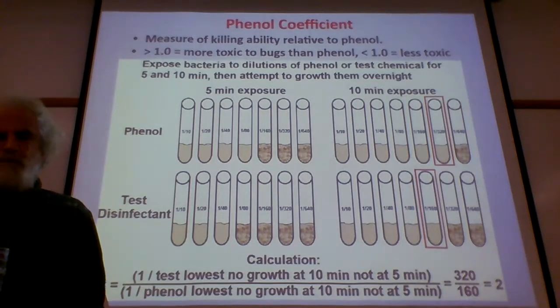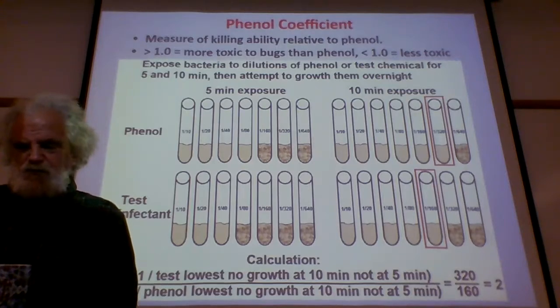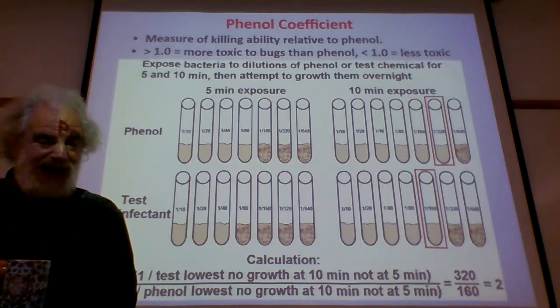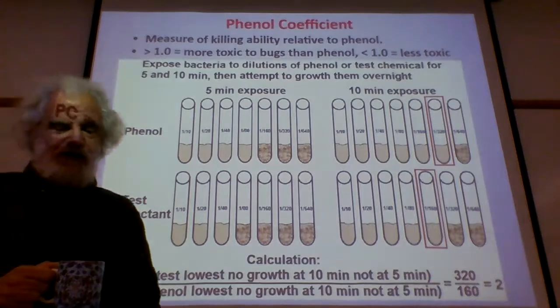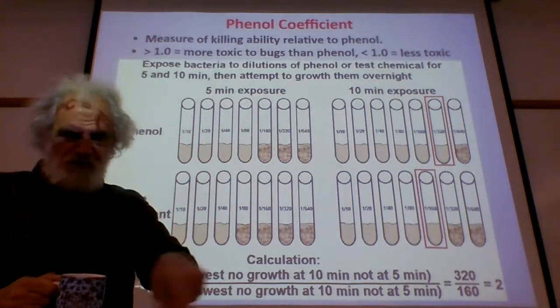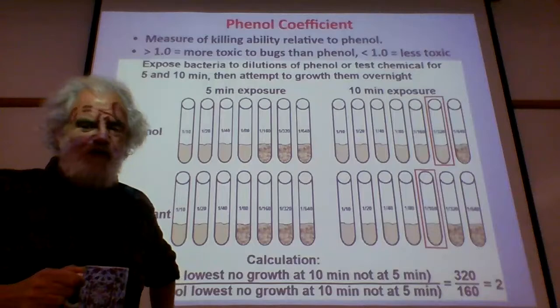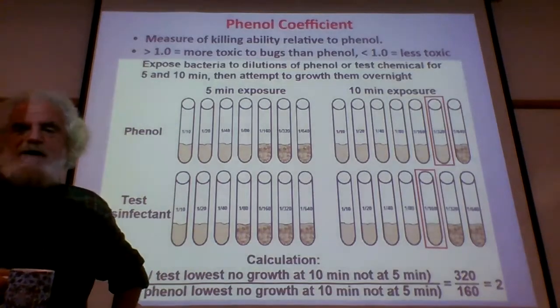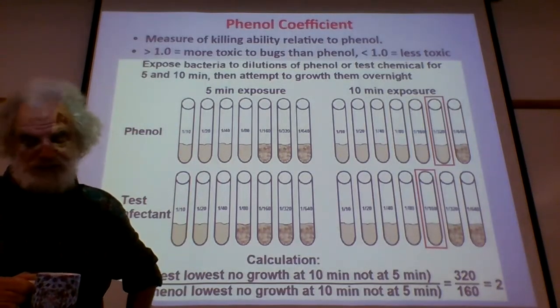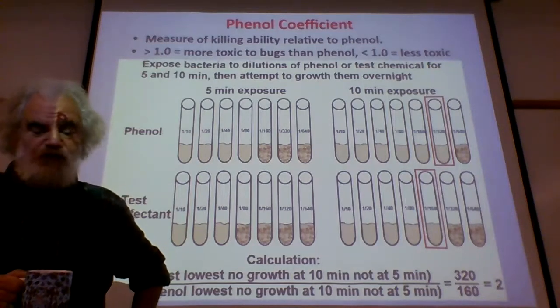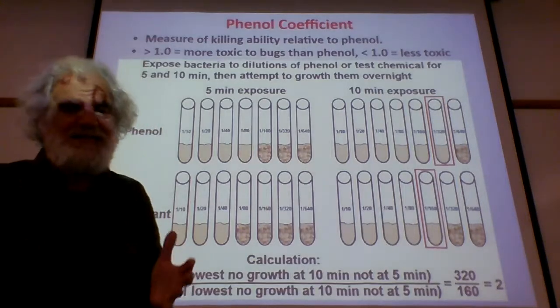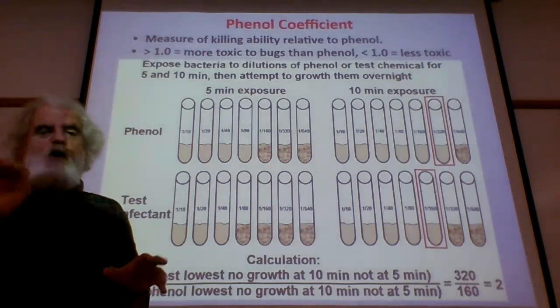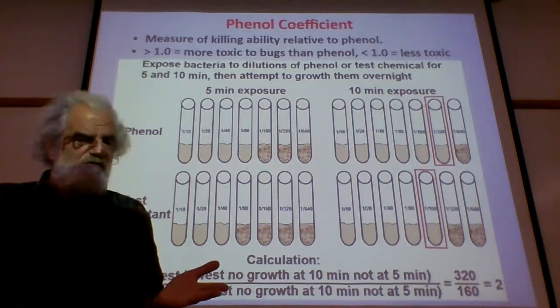Now, we talked about Professor Lister and his use of what he called carbolic acid, what we know in organic chemistry as phenol, which is the benzene ring, a 6-carbon ring structure with a hydroxyl or an OH group coming on it. Phenol is a very toxic material, so it can't be taken internally. It is really good at sterilizing stuff. And so we can use this as kind of a baseline of how well something works to kill off bacteria.